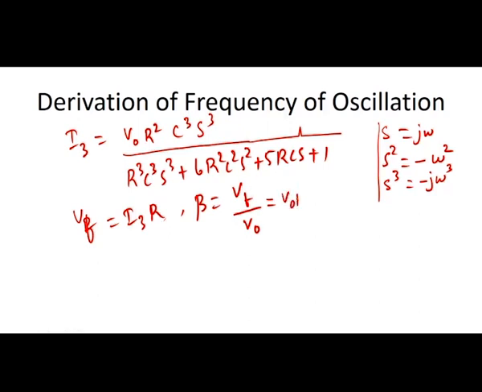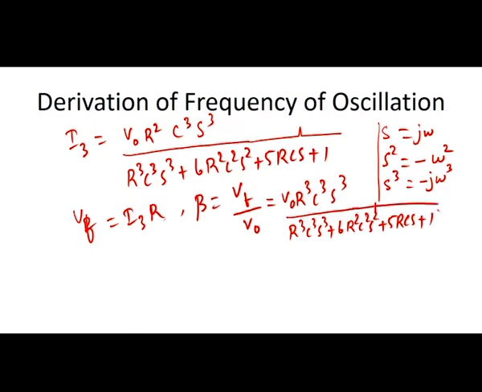So V0 R cube C cube S cube, if you multiply R square with this R, you have R cube, divided by r cube c cube s cube plus 6 r square c square s square plus 5 r c s plus 1. This is your Vf. Divided by V naught is also there, so include V naught in the denominator. So this V naught will get cancelled. This is your beta now.